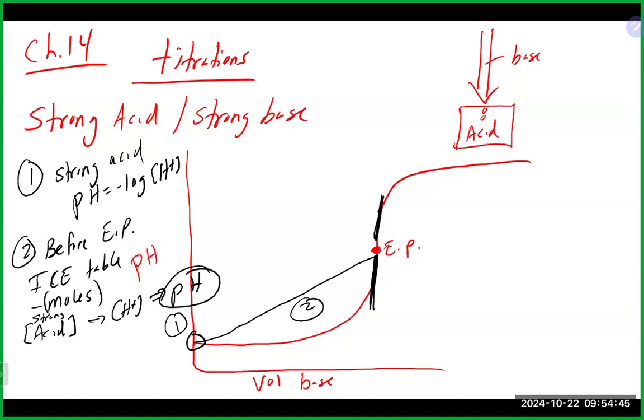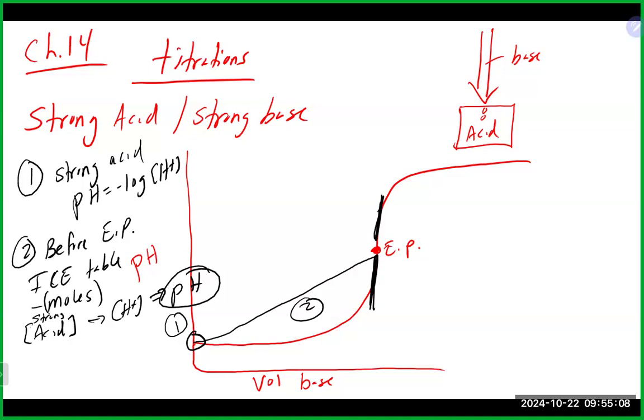That is why your indicator, like phenolphthalein, could be colorless and then go super dark pink with just one drop as you approach the equivalence point. Although you didn't add much volume, the pH changes a lot, and because the indicator works on a pH range, the color you see also changes a lot.